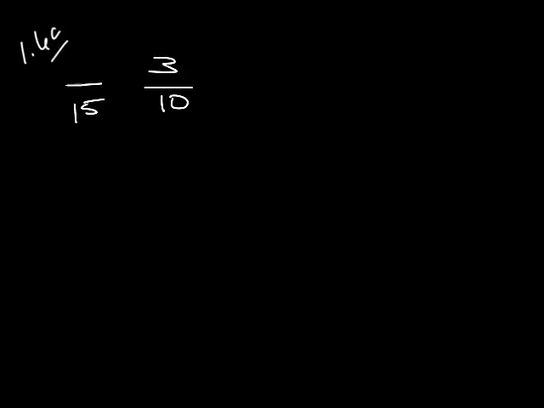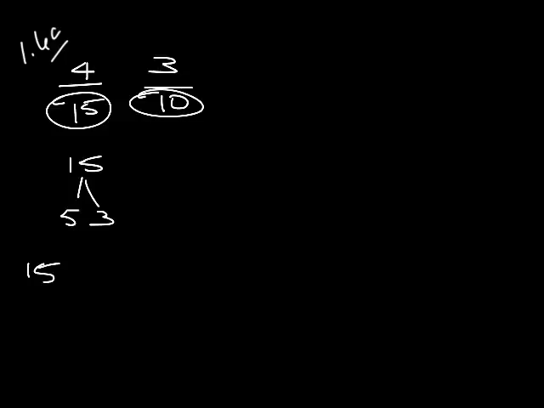Let's say that those are my denominators, and I'm trying to find the least common denominator. So I take 15 and do the factor tree: 5 times 3. So 15 is 5 times 3. 10 is 2 times 5. Those are both prime.